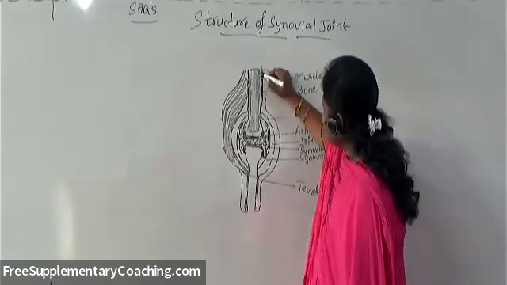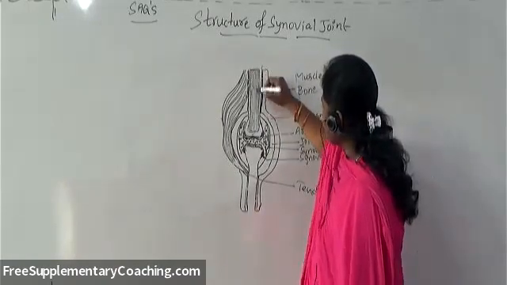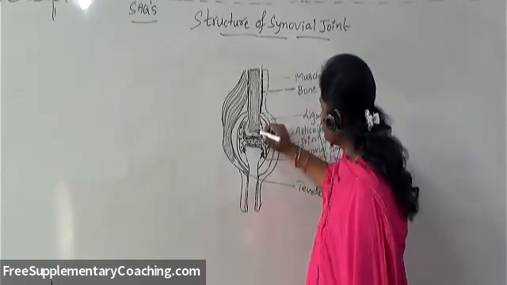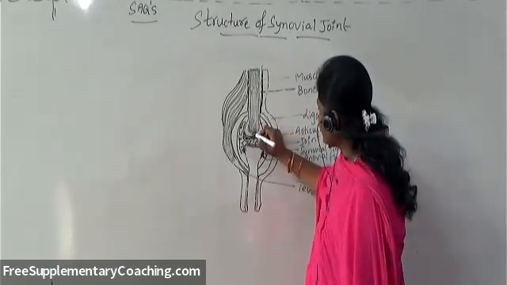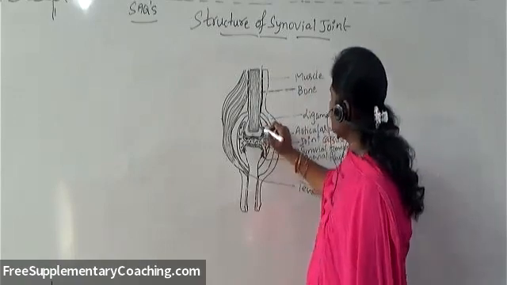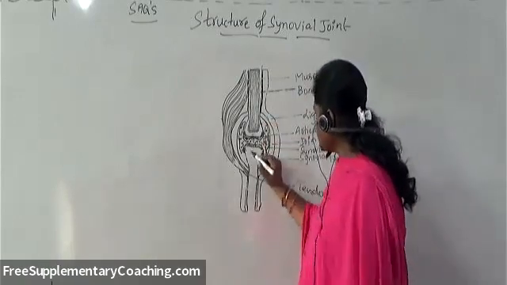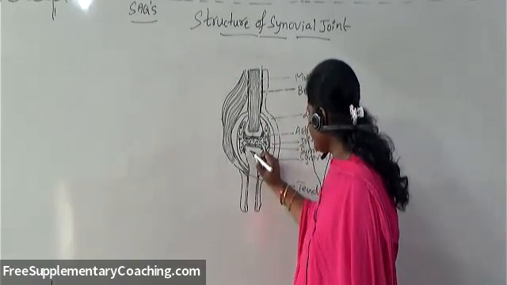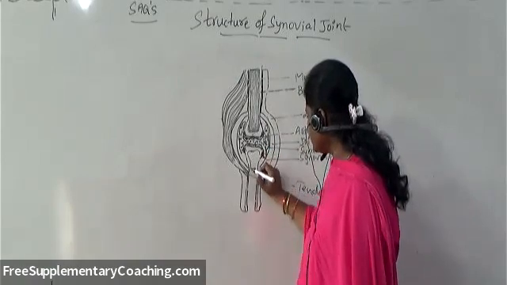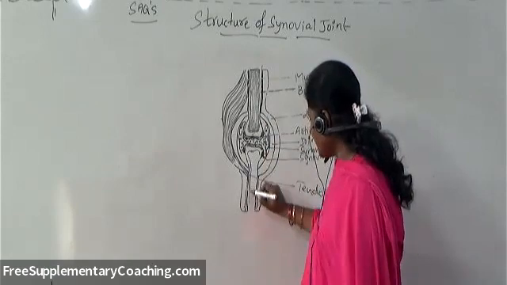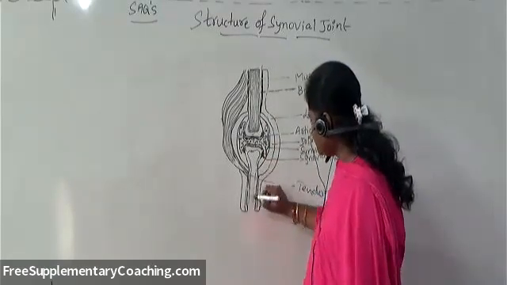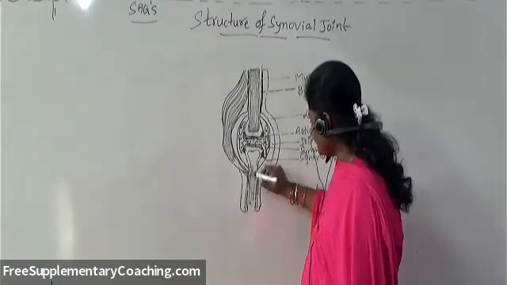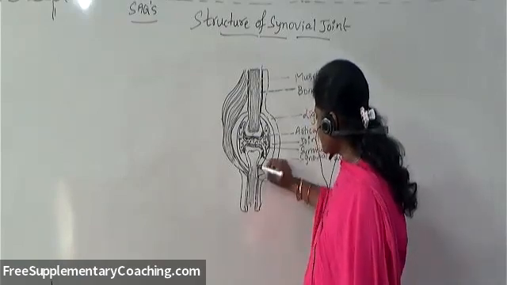The cavity of long bones is the bone marrow. So you can show the bone marrow portion also by darkening it, like this.